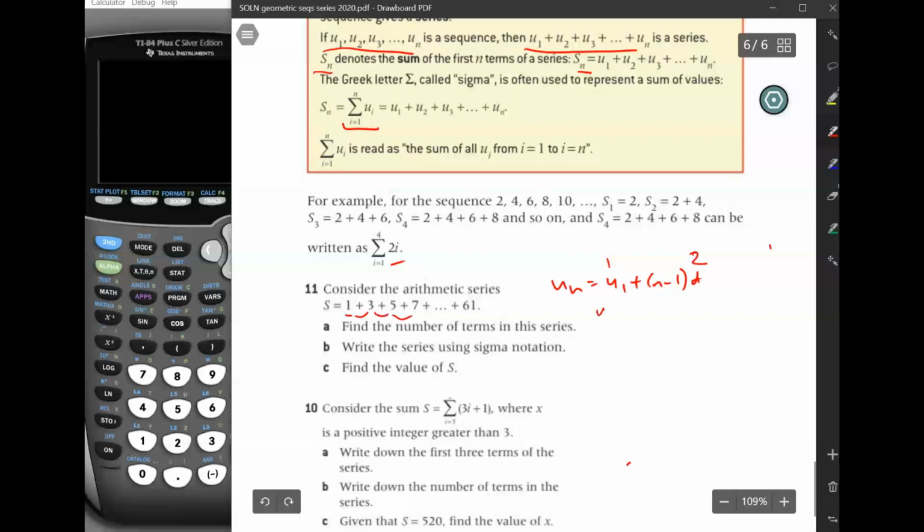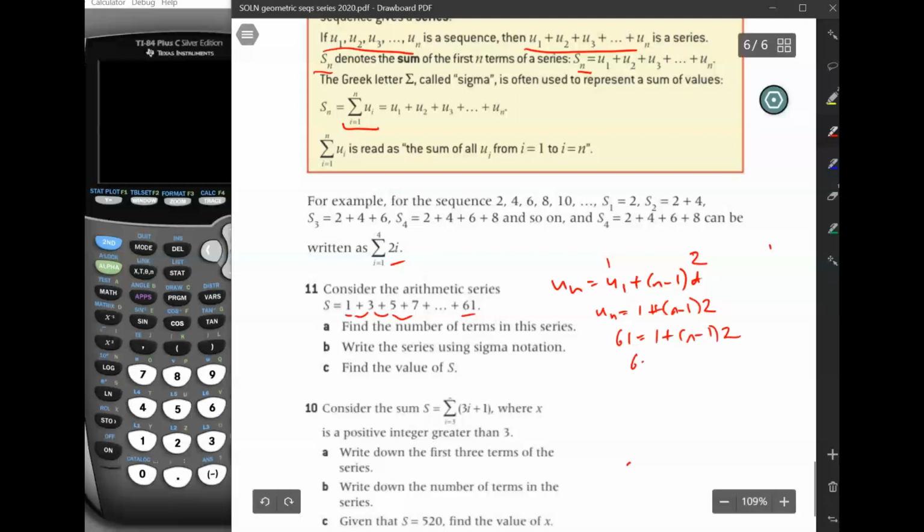So basically, let's fill in what we know. Un is equal to 1 plus n minus 1 times 2. And we know that the nth term is 61, so we can set 61 equal to 1 plus n minus 1 times 2, so we can figure out what n is.